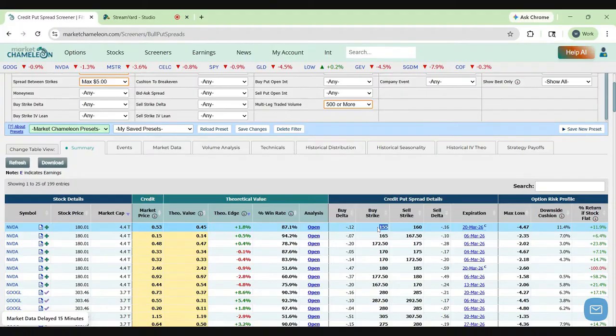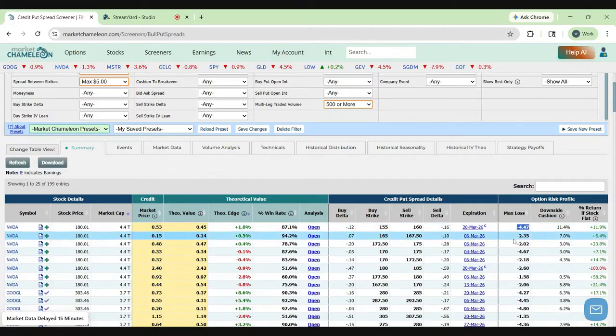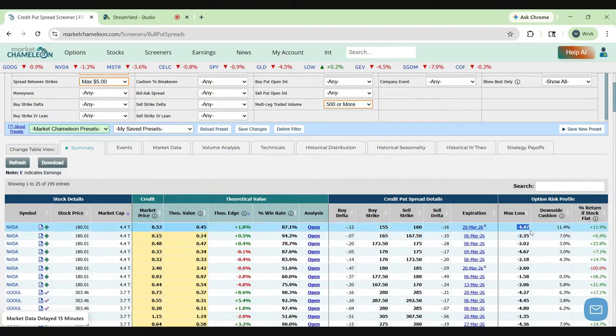So if the stock drops below 155 at expiration, the spread is worth $5. If we received 53 cents for it and have to buy it back for $5, we lose $4.47. So our risk is $4.47 to potentially make 53 cents, right?